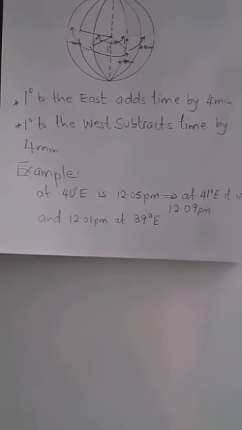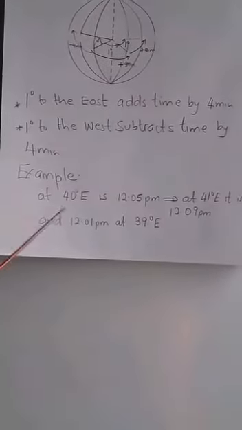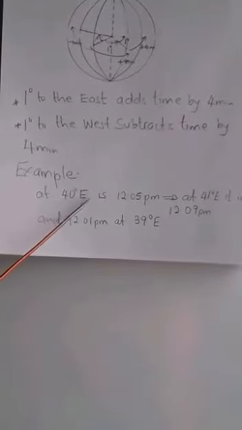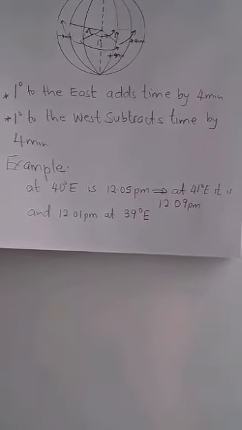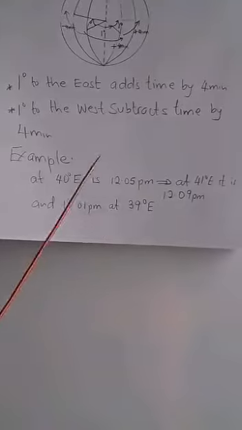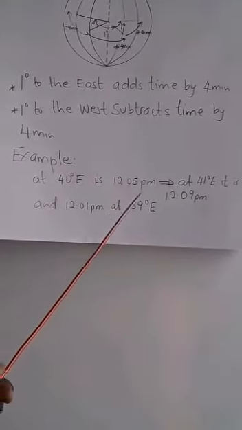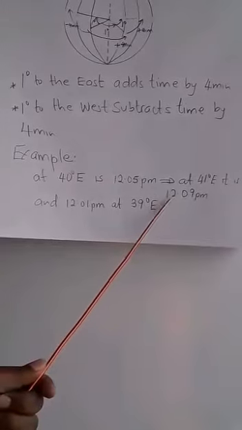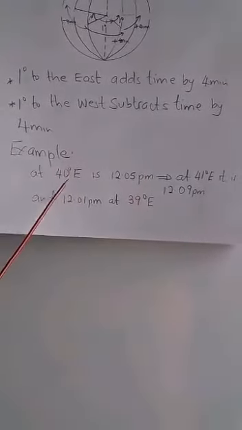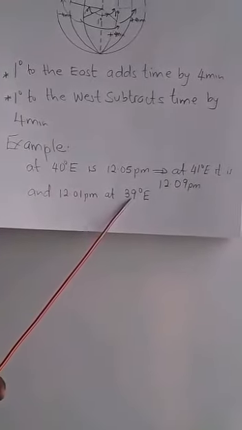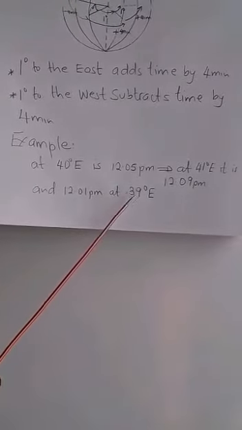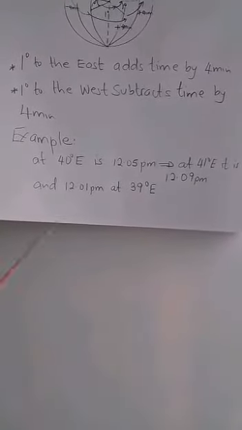So let's assume that we have a point at 40 degrees east, and at that point the time is 12:05 p.m. At 41 degrees east, we have moved 1 degree to the east, and therefore we add the time for 1 degree, which is 4 minutes, so it becomes 12:09 p.m. If I'm at 40 degrees east and I move to 39 degrees east, that is, 1 degree to the west, I lose 4 minutes.